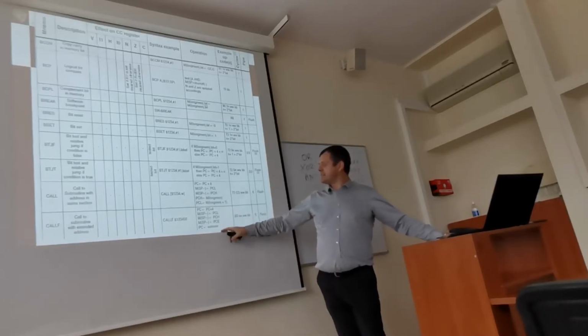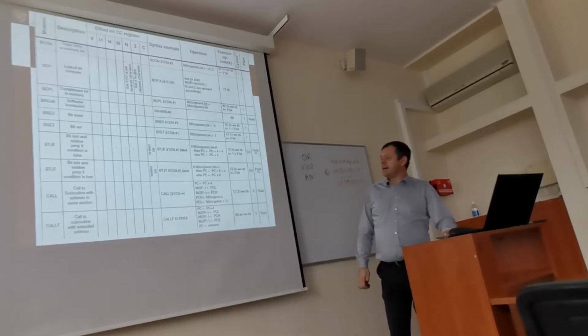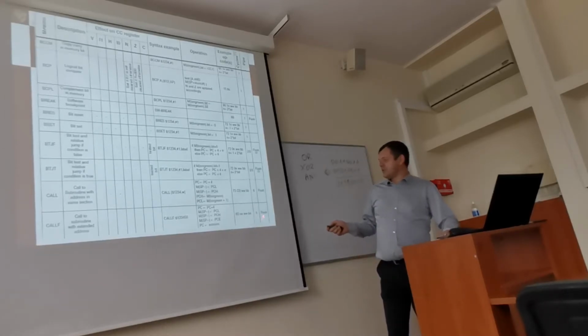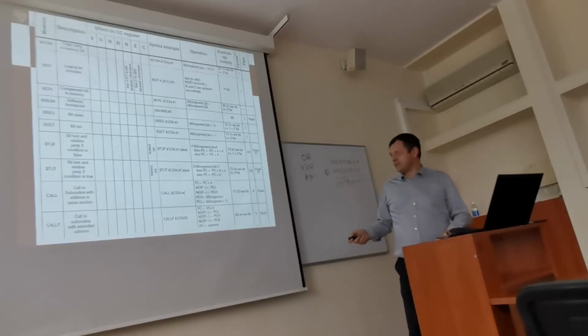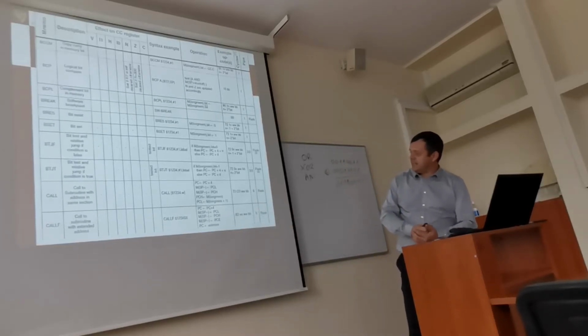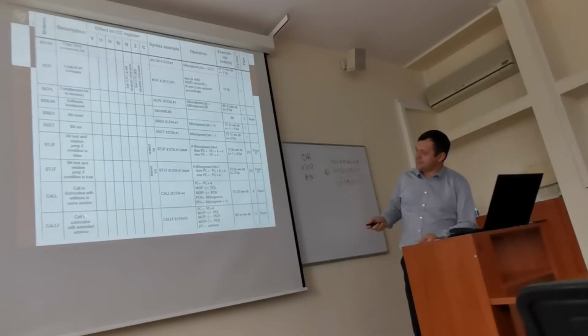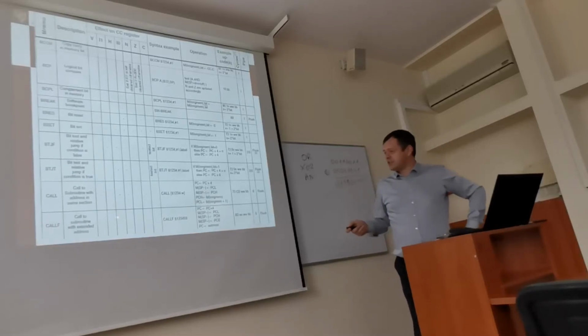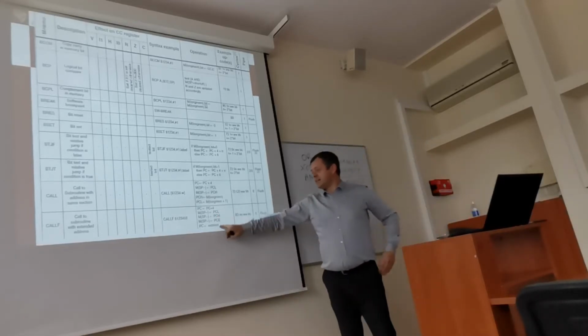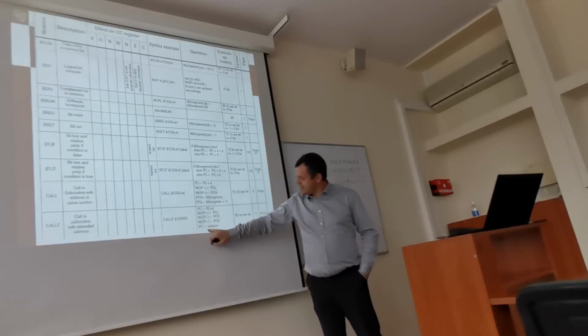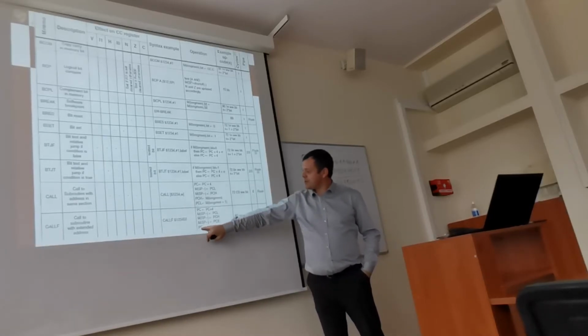Actually, a bit interesting is that the call F is shorter. I don't know why, but it takes 5 clock cycles instead of 6. Although here we have a longer one. Ah no, okay. It takes shorter time because it's taking the data from external memory to the program counter.